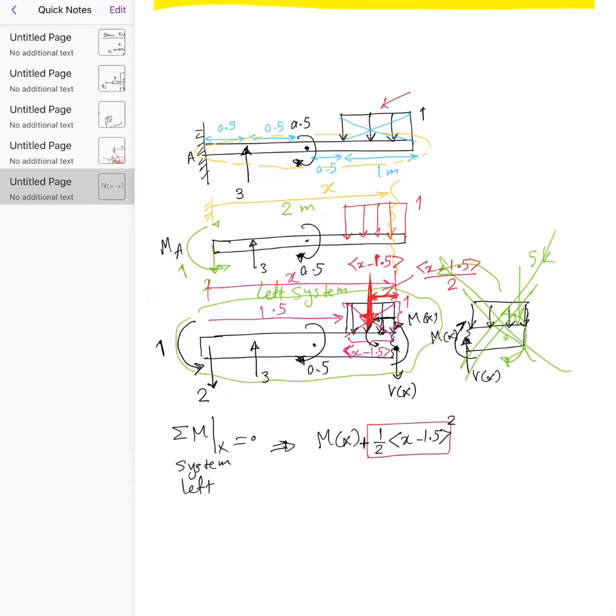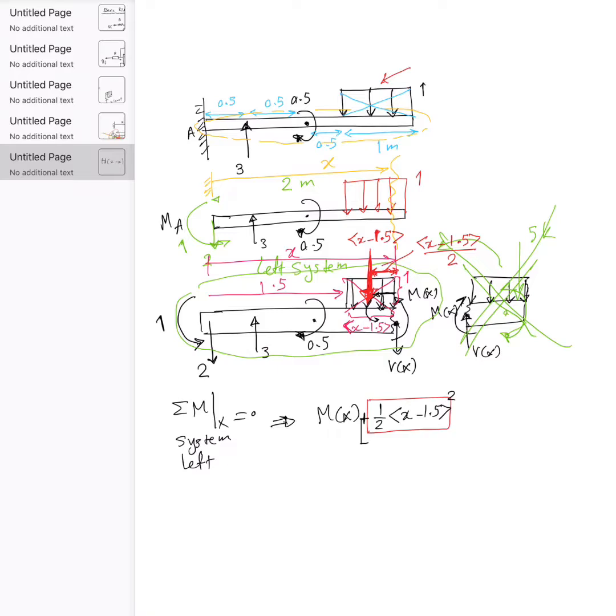Okay, now the next thing is the couple moment in the middle. So in order to compute that and include it in the moment relation, I have to have some sort of switch that makes it on or off when x is greater than 1 and when x is less than 1. So I say, because the couple moment is negative, negative 0.5 times Heaviside x minus 1 to the power 0.